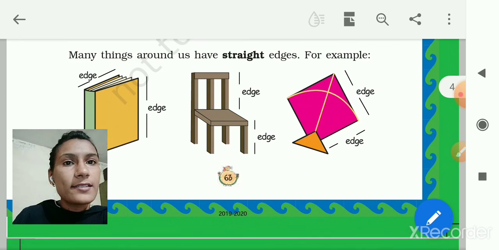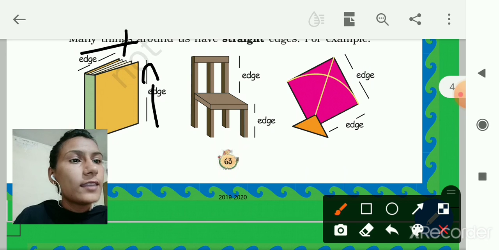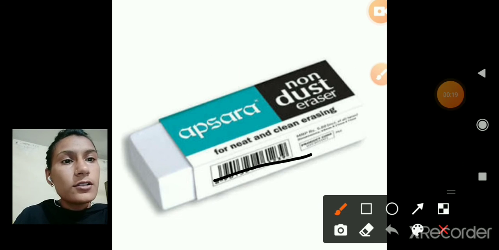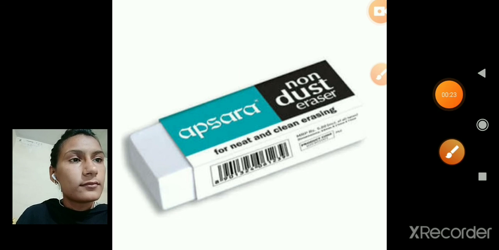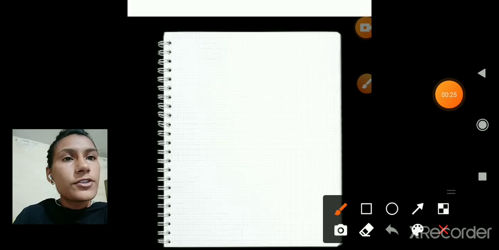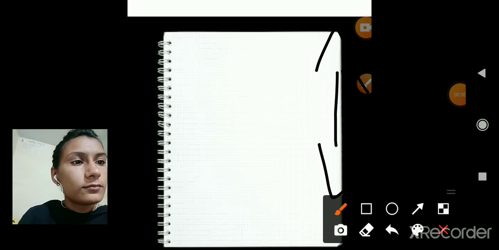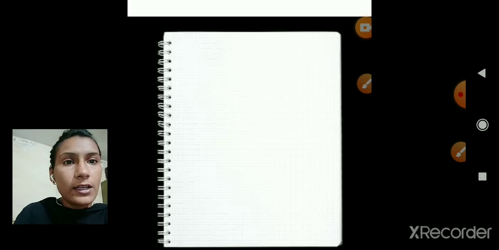You can see this, a book has straight edges. Then this eraser also has straight edges. Then a page also has straight edges, you know. So a book, an eraser and a page have straight edges.